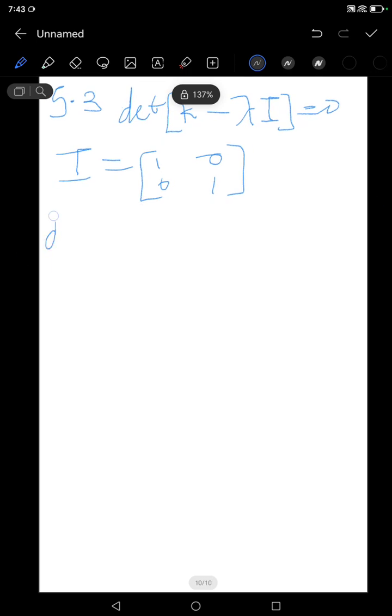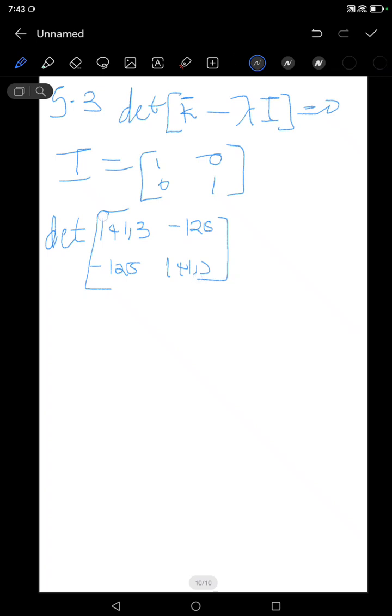We have the determinant of this, our normalized stiffness, 141.3, negative 125, negative 125, 141.3. Okay, let's close the bracket, minus lambda multiplied by [1 0; 0 1], or equals to 0.